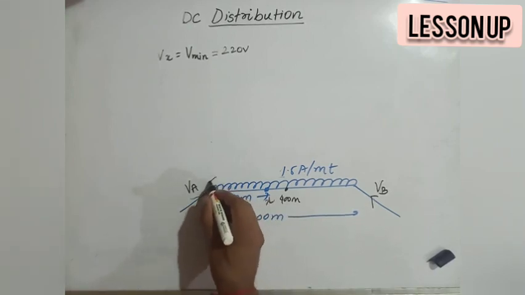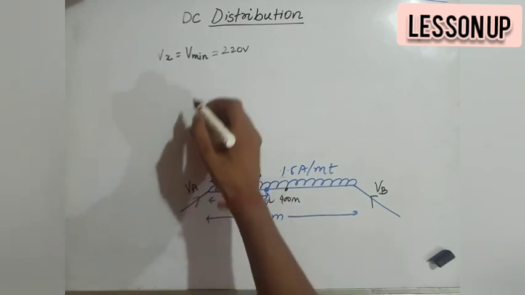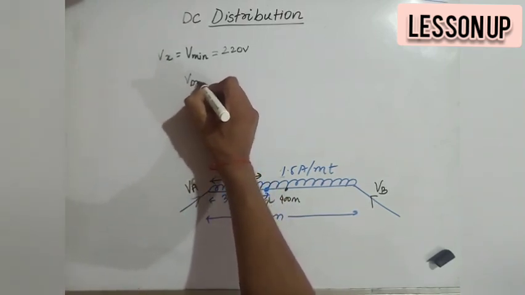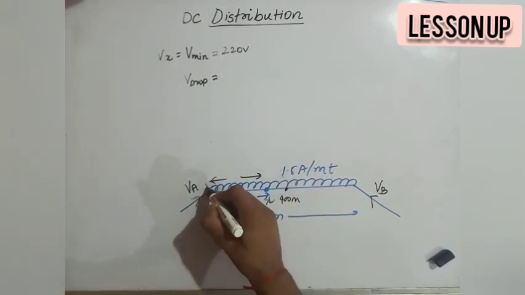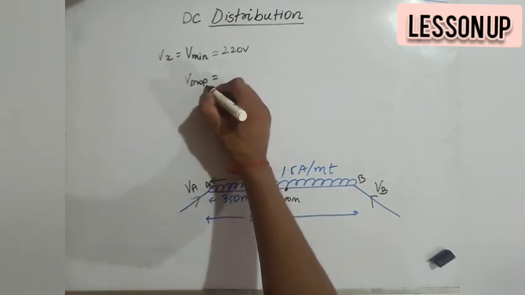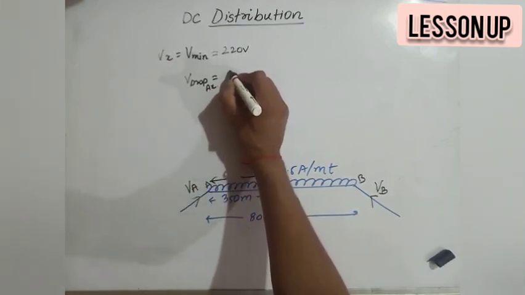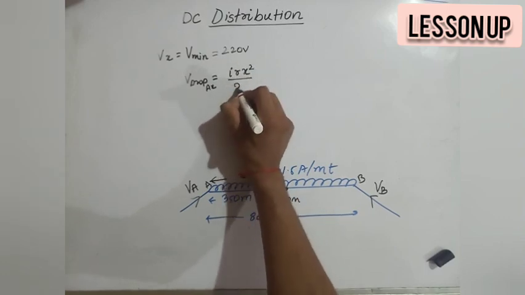The voltage drop between these two points we need to calculate. So V drop between point A and point X. Suppose this is point A, B and then X. So V drop between A and X is I R x square divided by 2.